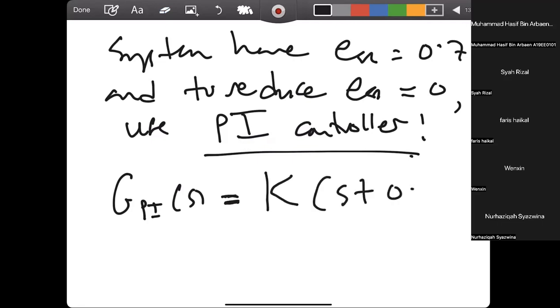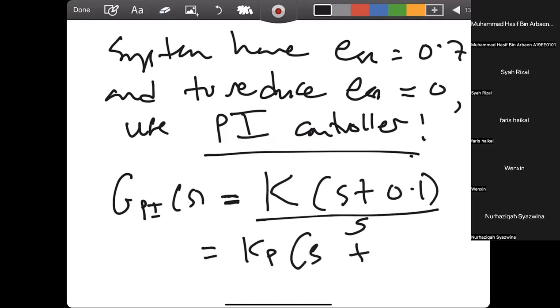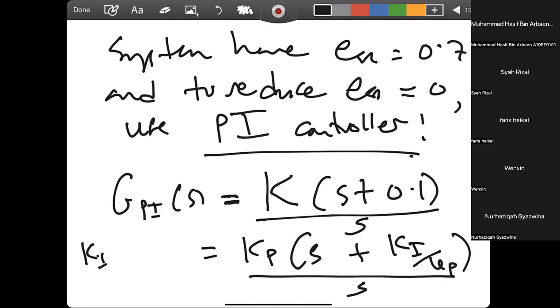S plus 0.1 over S. That's all. Very easy. Don't make life complicated, guys. S plus Ki over Kp divided by S. Just suggest.